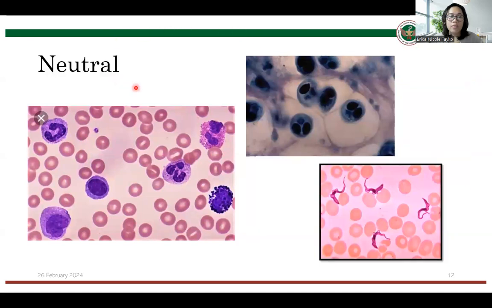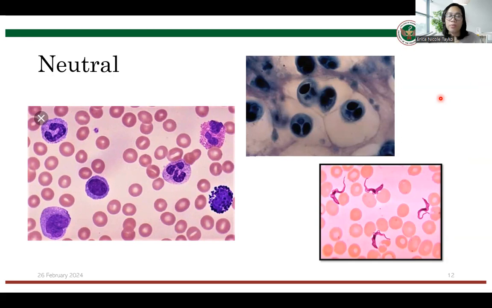Again, for neutral stains, an example we have here is the Giemsa stain. You'll also encounter this later when we talk about parasites. Giemsa stain is a widely used stain in studying blood cultures or blood smears of patients that have parasitic infections.